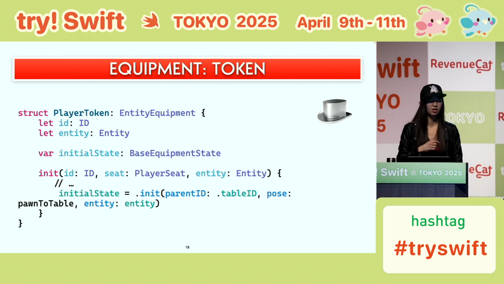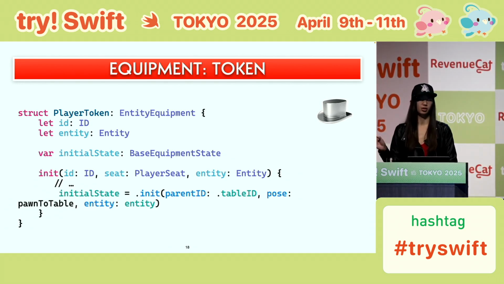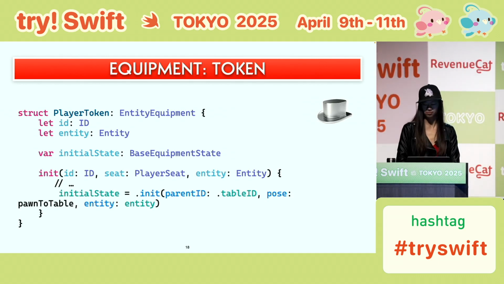So we say it has a parent ID of the table, because that's where this token will sit on the table. Its pose is where it is placed on the table, and then the actual entity is what we create in Blender or some other tool to add to the game.